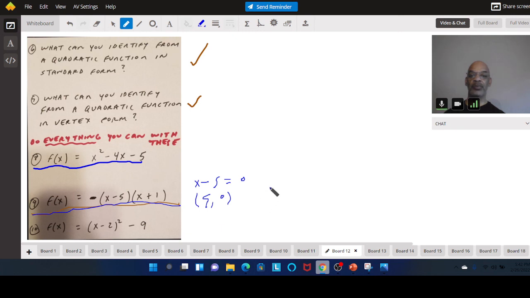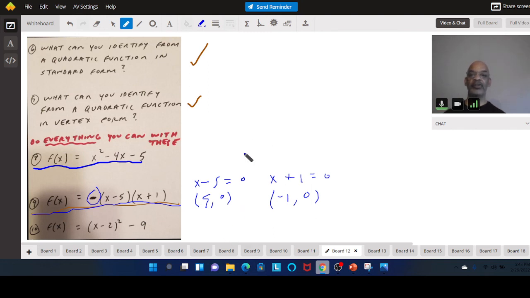And x plus 1 gives us an intercept at negative 1, 0. A value is negative. This parabola opens down.